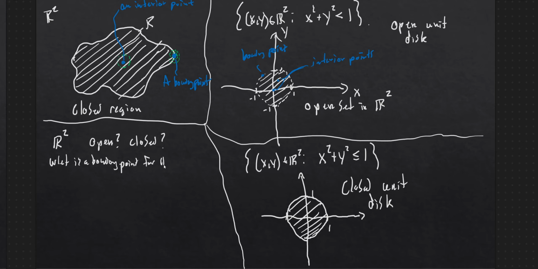Are there any points in the plane such that every open disk around them contains a point outside of the set R2, and inside of the set R2?